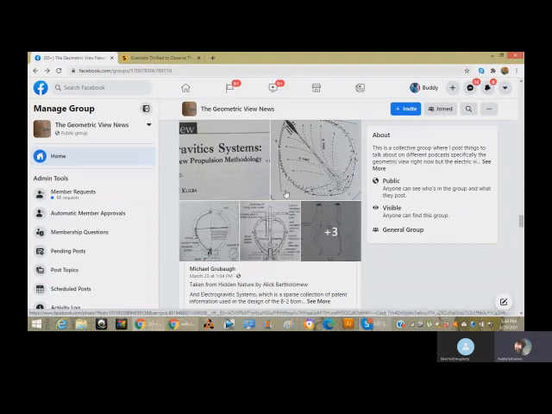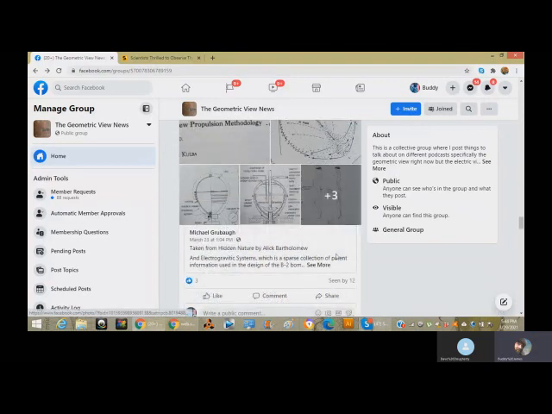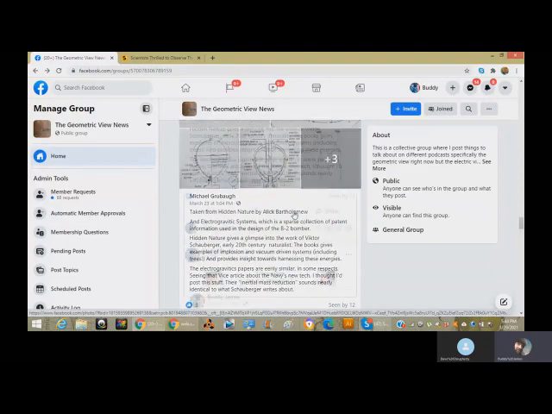Here is, of course, propulsion methodologies, Victor Schauberger, an electromagnetic system, which taken from Hidden Nature by Alec Bartholomew, an electrogravitic system which is a sparse collection of patent information used in the design of the B-2 bomber. Hidden Nature gives a glimpse into the work of Victor Schauberger, early 20th century naturalist.